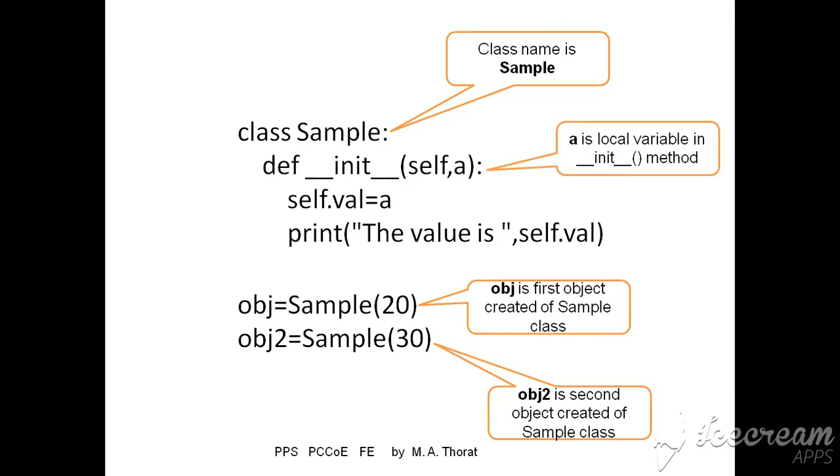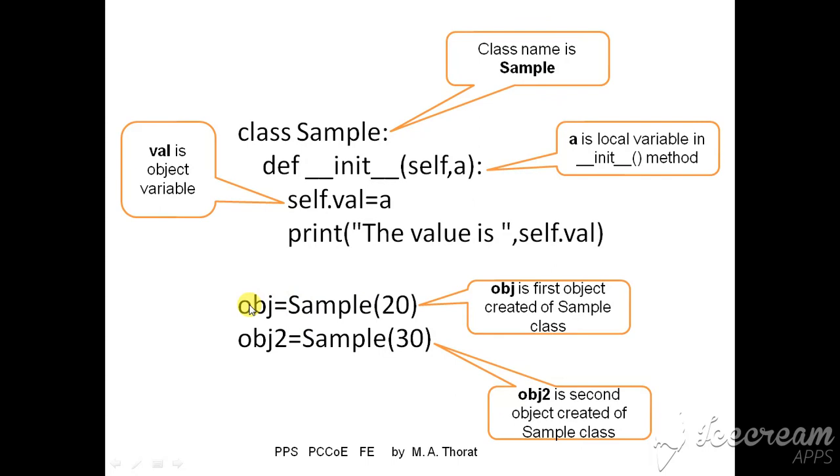Then a is the local variable in the init method, and val is the object variable. As this is the init method, it will be called two times because two objects of the sample class are created.